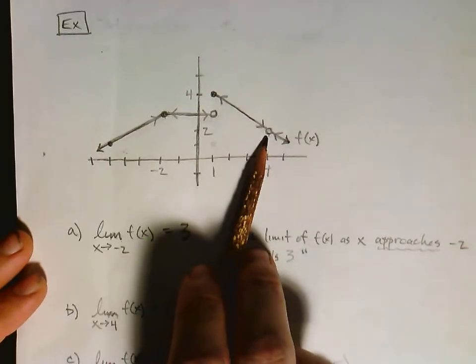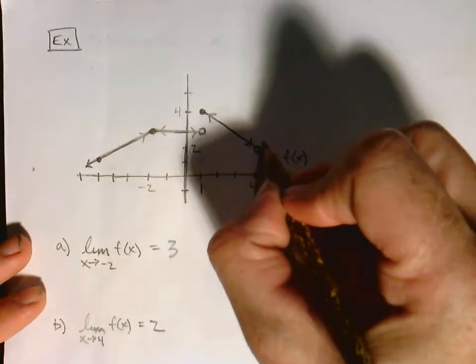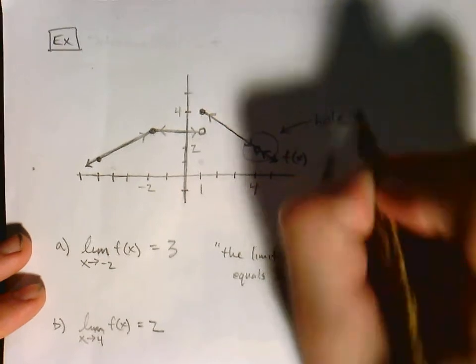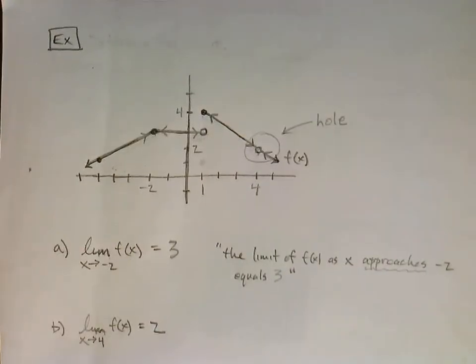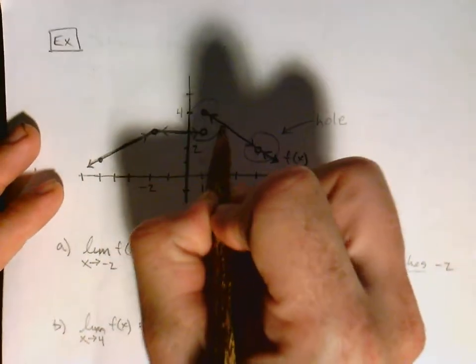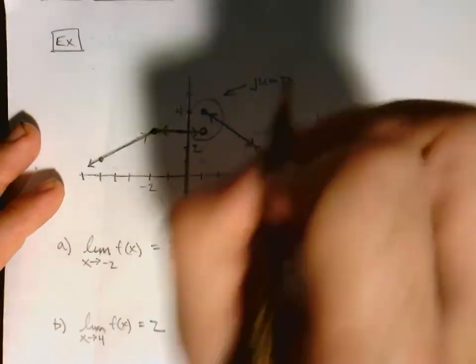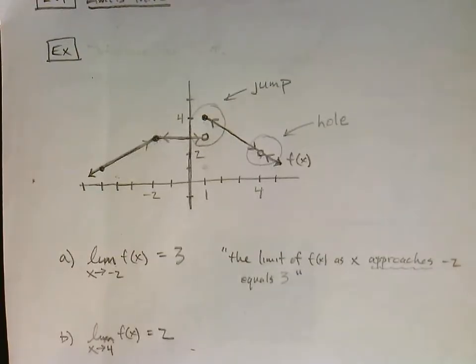Like if there was a hole, we would call that a hole. If there was a hole in the graph, well, that's something unusual and we might need to be careful about that. Or definitely this situation, we'd call that a jump. If there's a jump, we've got to be really, really careful.